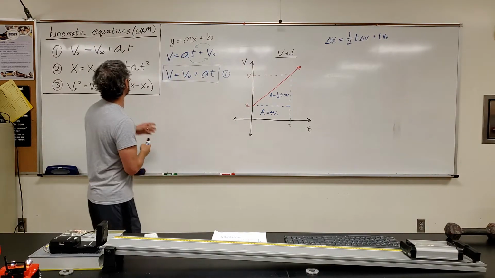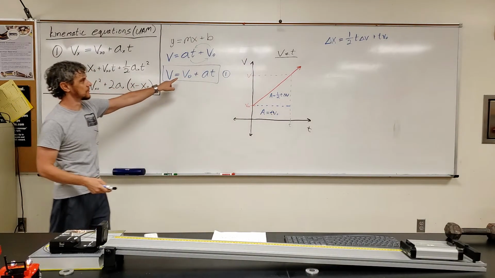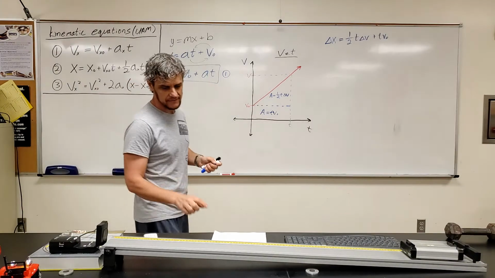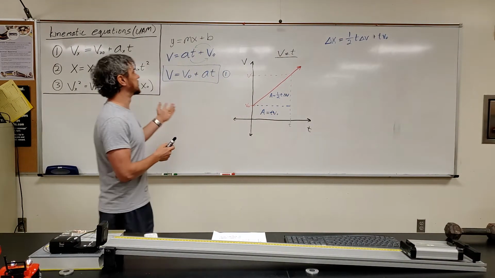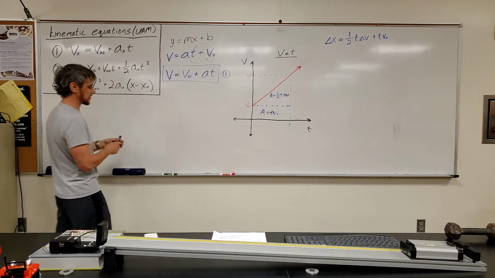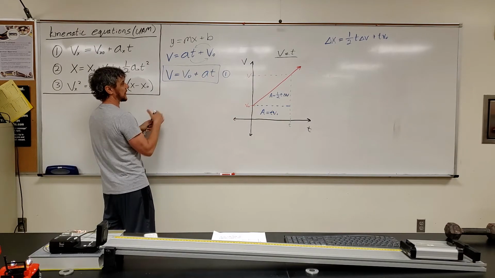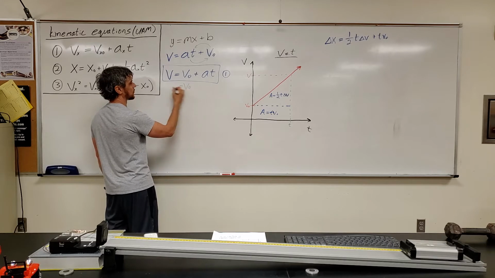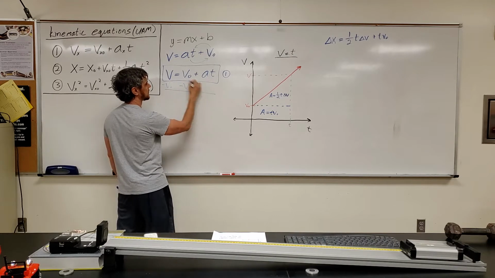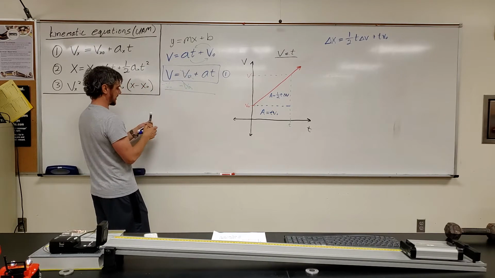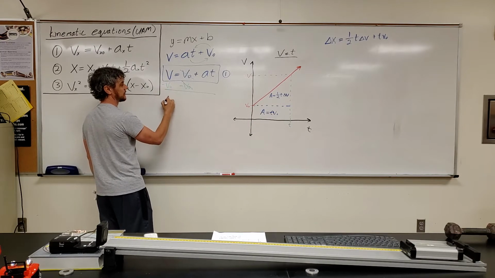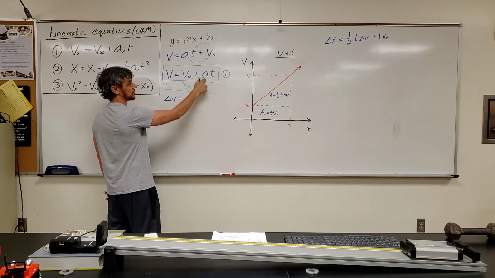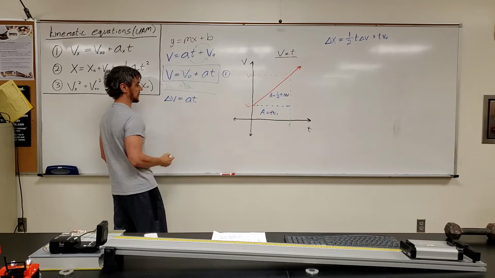And then I can use kinematic equation number 1 to solve for the delta v, because if I look at kinematic equation number 1, I can actually rewrite it. If I subtract v naught from both sides, then I get on the left side delta v, v minus v naught is delta v, is going to be equal to the acceleration times the time.